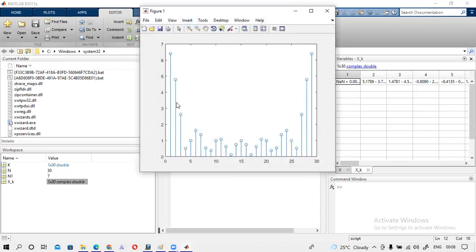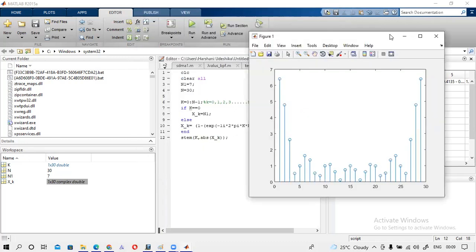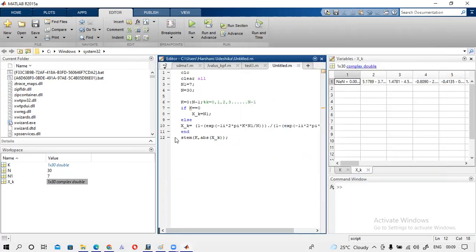Okay. So this 0 point should be here, but it is not plotted, no? So what is the xk value?